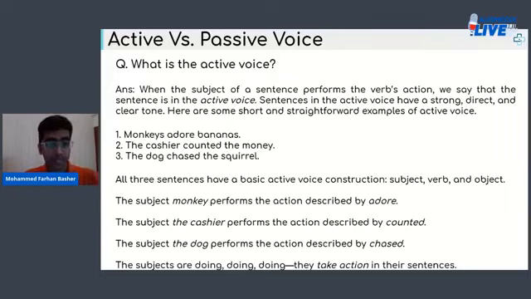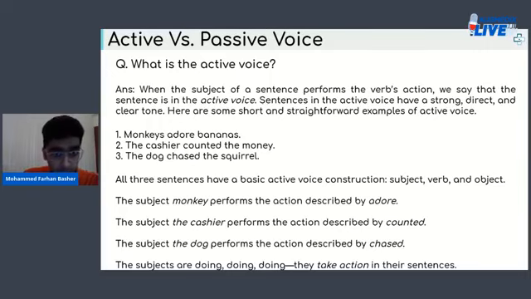Such as, for example, take a look at the first example here. Monkeys adore bananas, right? So which is the subject here? The subject is monkeys. What do they do? Adore. And what's the object? What do they adore? Bananas. So this sentence is in the active voice because here the subject is actively doing something, right?